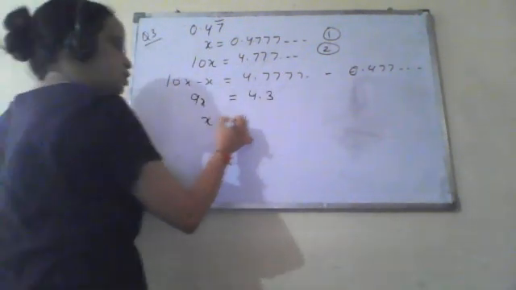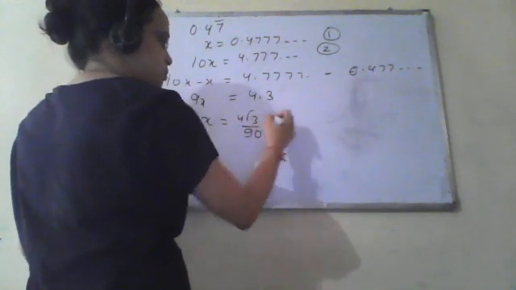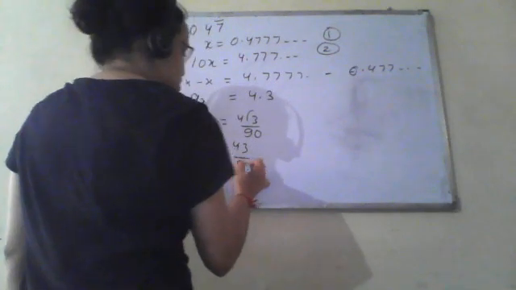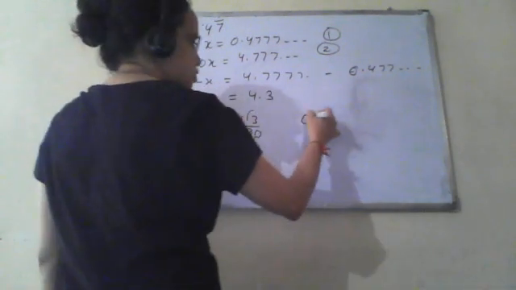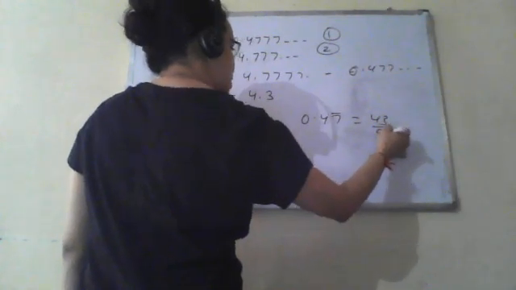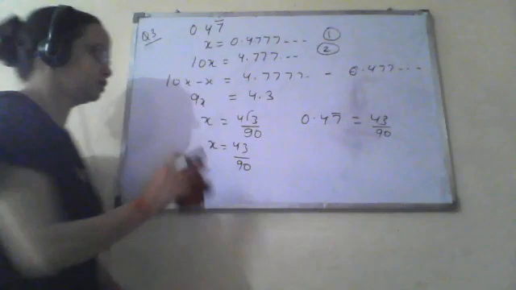So x will be equal to 4.3 upon 9, and removing the decimal, the value of x is 43 upon 90. Therefore 0.47 bar can be represented as 43 upon 90. I hope this is clear.